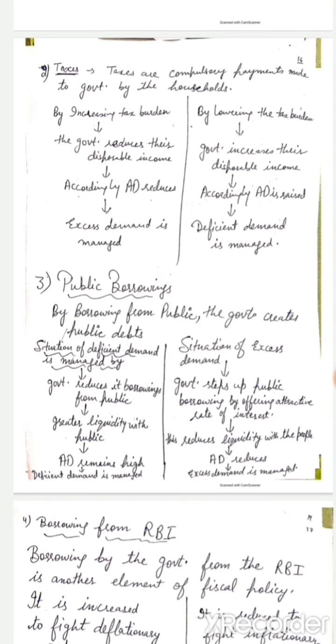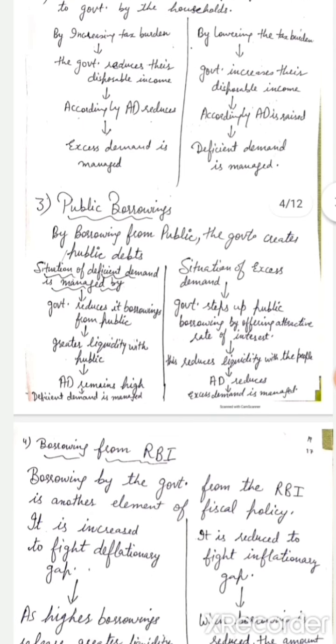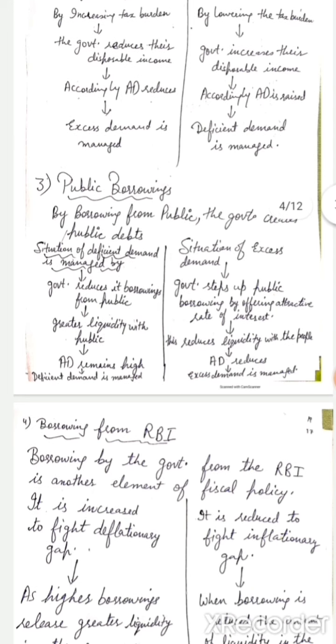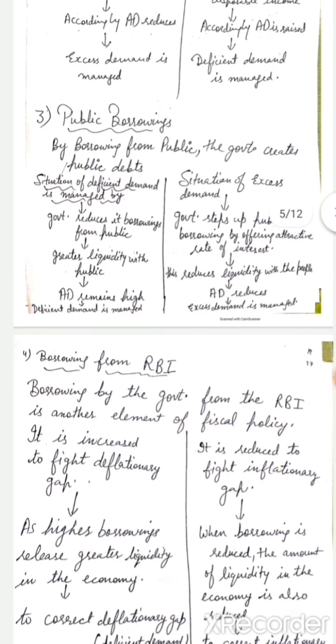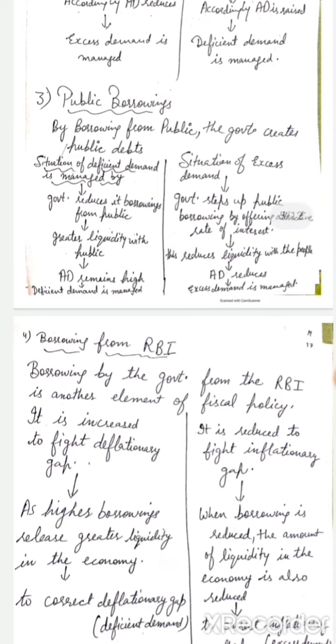When the tax burden is increased on the households, their disposable income will decrease. Accordingly, they will spend less money. Then AD will reduce and the situation of excess demand can be managed. And by lowering the tax burden on the households, government increases their disposable income. Accordingly, AD will rise and deficit demand can be managed.